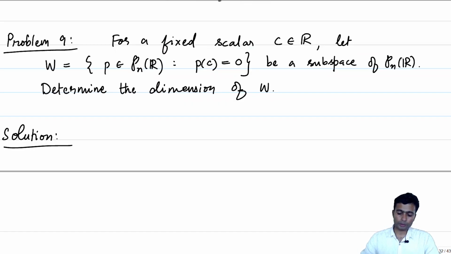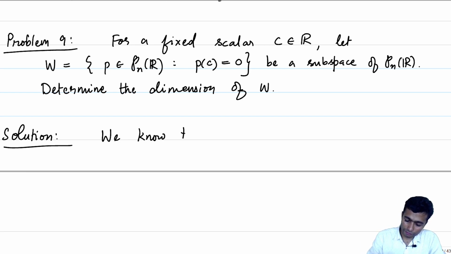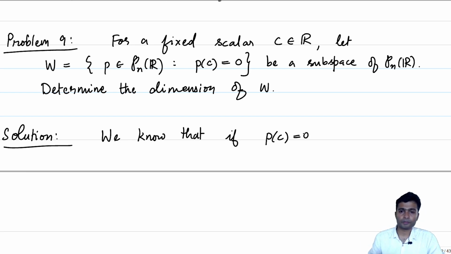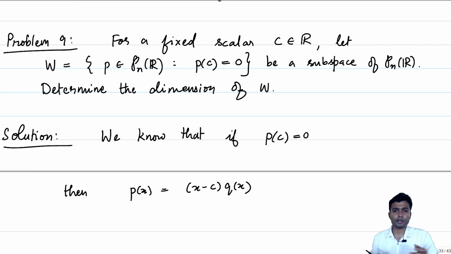Okay, so what is W precisely? W is the set of all polynomials such that P vanishes at c. So we know from our basic algebra that if P of c is equal to 0, then P of x is x minus c times Q of x, where the degree of Q of x is the degree of P of x minus 1.